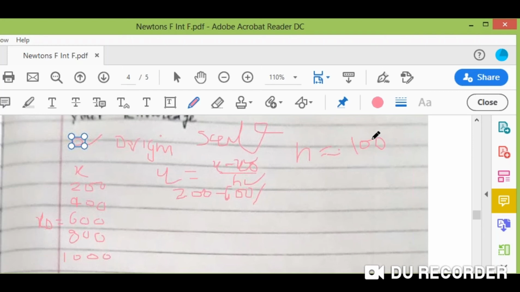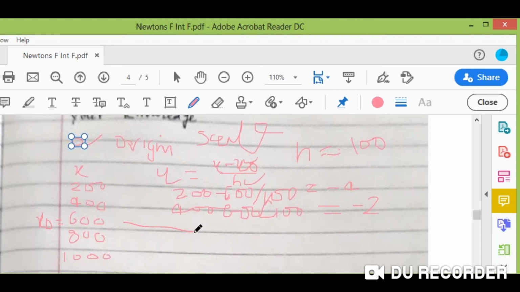We are changing the scale. So if you divide by 100, what value do we get? 200 minus 600 is minus 400, divided by 100, that is minus 4. Similarly, if you do the same thing for 400, minus 600 and divide by 100, you will get minus 2.